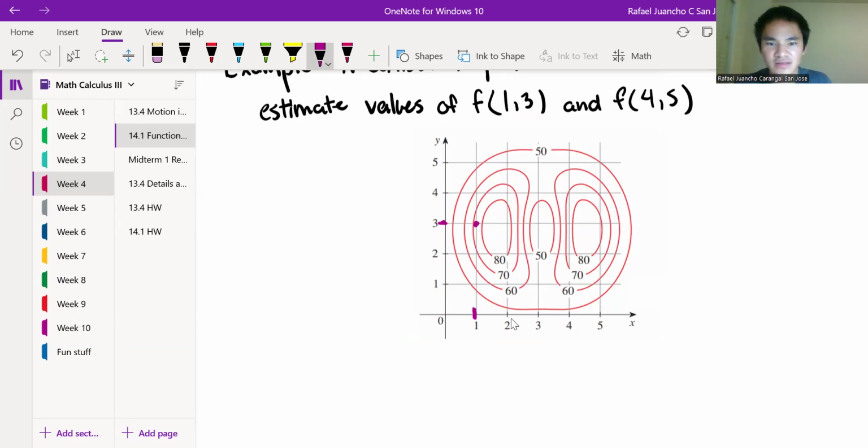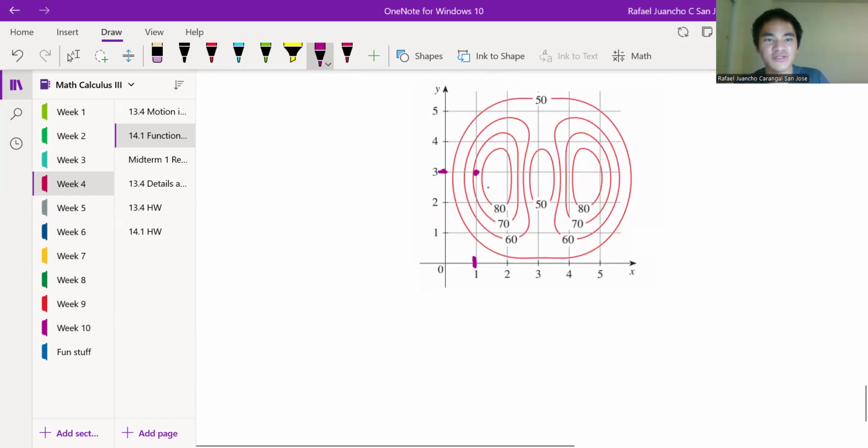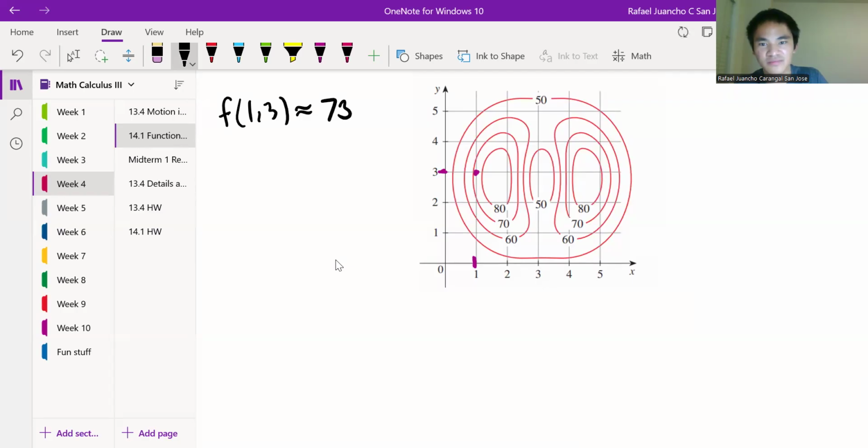And here we can see that it lies partway between the level curves with z values 70 and 80. And so from here, we can actually just estimate. So we can say my f of 1, 3 is somewhere in between 70 and 80. So the textbook says 73. But yeah, it's somewhere there.